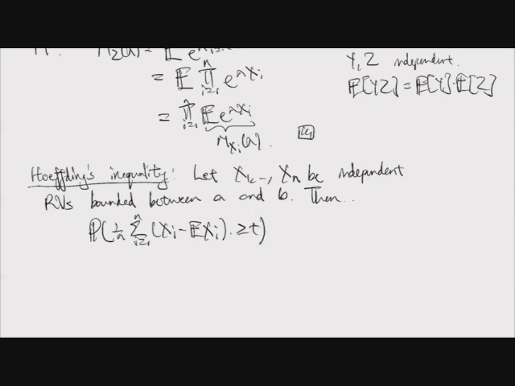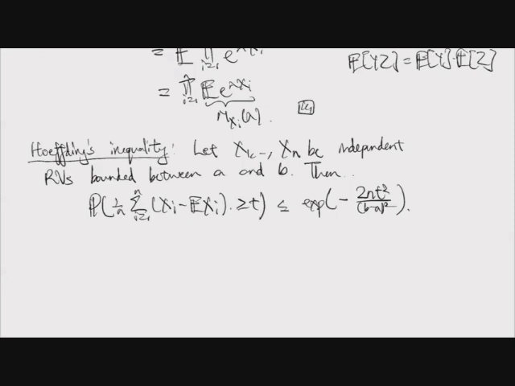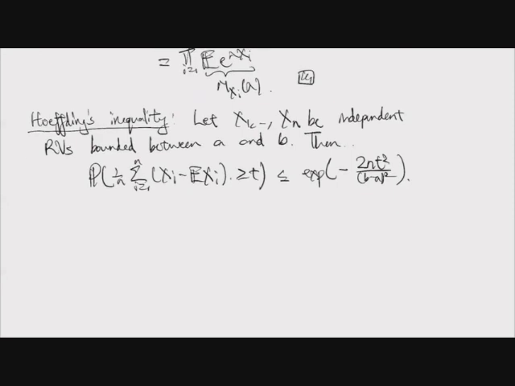I want to bound the probability that this is bigger than t, and this is going to be less than exponential of minus 2 n t squared divided by (b minus a) squared. So same as in the one variable bound, but now I have a factor of n in the numerator of the exponent.